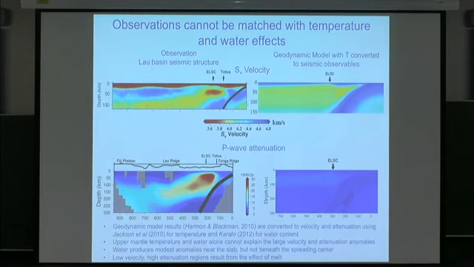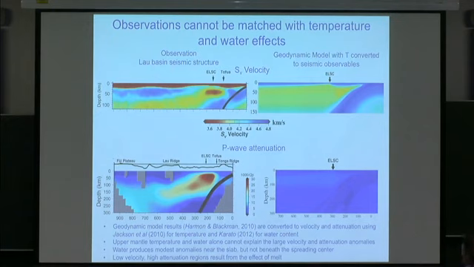And the lower figures here show the same general effects for P-wave attenuation. So this is our attenuation model for the Lau and Tonga region. Extremely high attenuation here beneath the backarc spreading center.